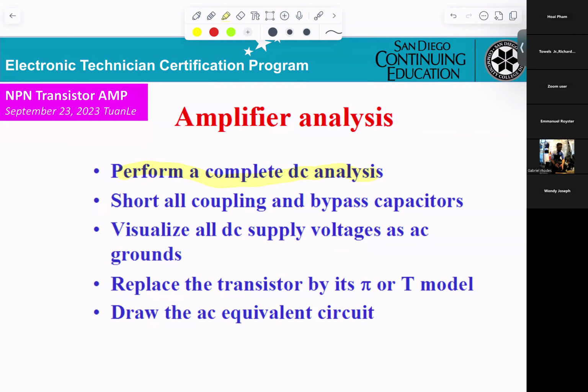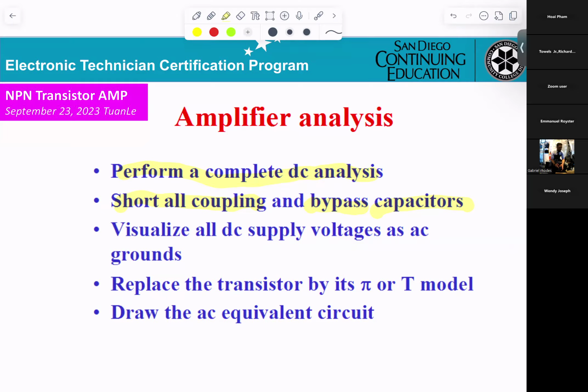Second thing, short the coupling and bypass capacitors. That means you don't see any more capacitor on the AC. They will be shorted.